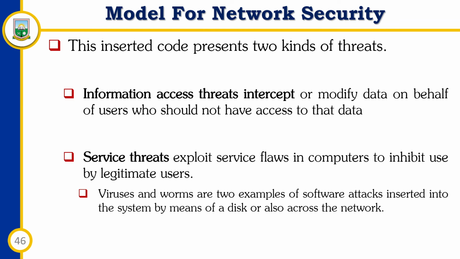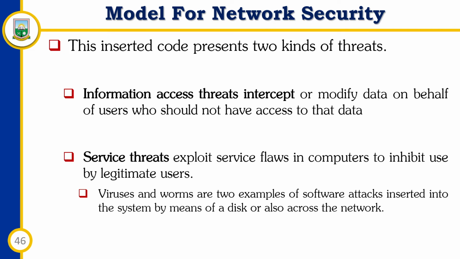Another threat is the placement of some logic in computer systems affecting various applications and utility programs. I talked about loopholes, and people will put in some logic to come in. Others will put in wrong logic just to cause a system to fail. Some of these inserted codes usually present two kinds of threats.